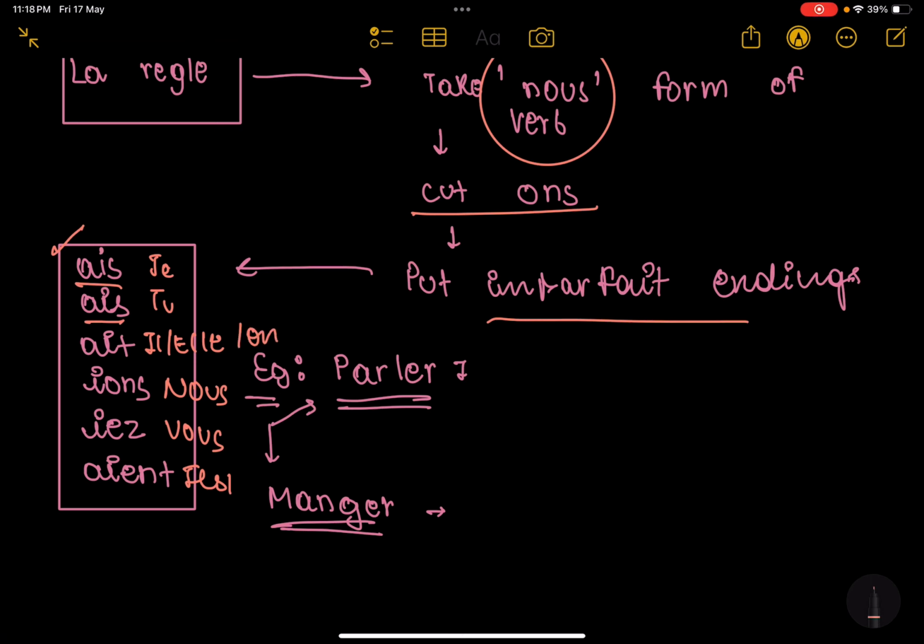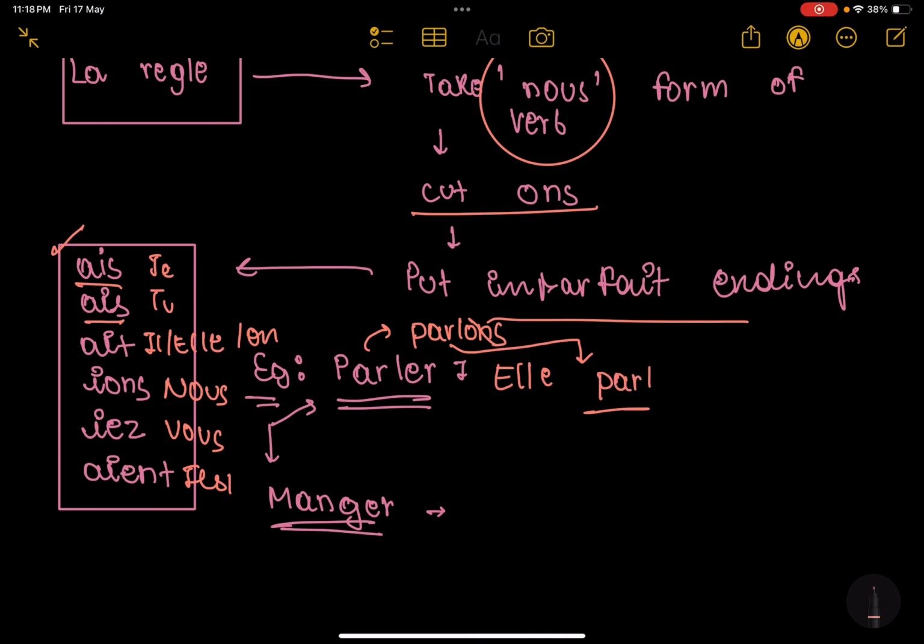So for example, parler, I have to form it with elle. First I'll take the nous form of this verb, which is parlons. I'm going to cut this ons. Now I'm going to place it here.